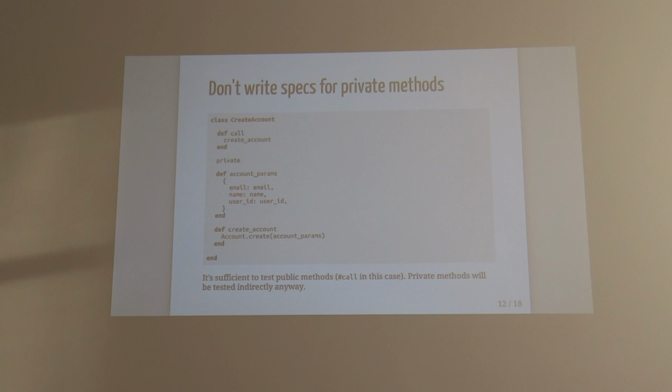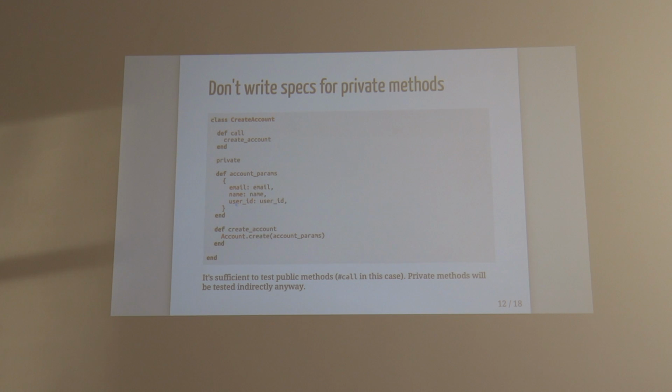Okay. So another recommendation is to not write specs for private methods. When we have a service object like that, again, create account, it's sufficient to just write specs for the call method. Because most of the time, if not always, all of those private methods will be executed.